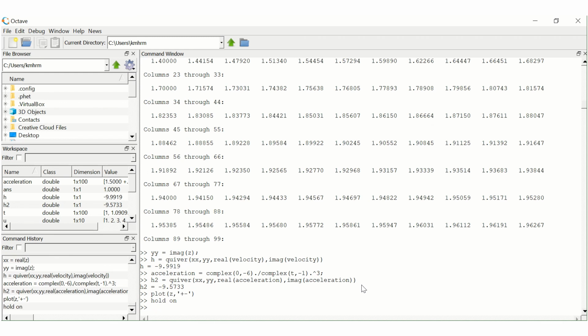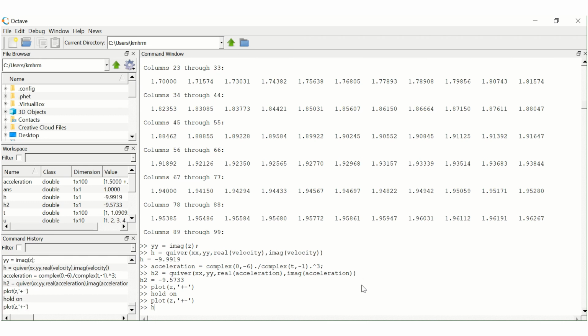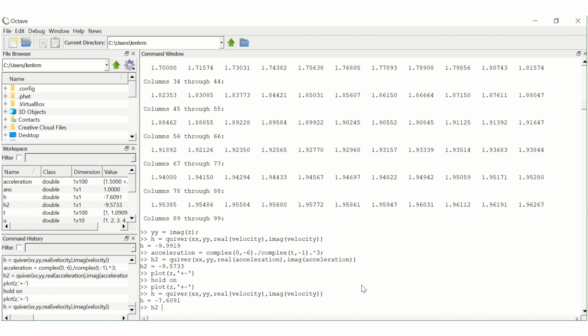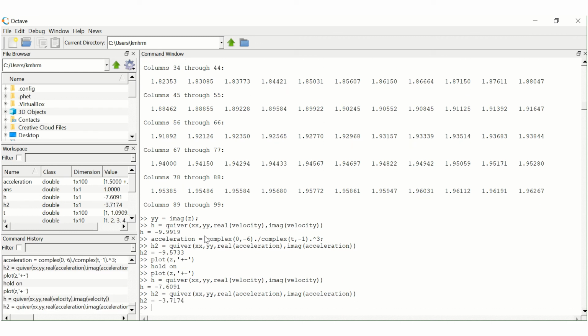That is, if we want to make sure that the previous plots are retained and not overwritten when you plot a new graph. So let's plot again. Plot z, the velocity, and the acceleration. Let's see the resulting graphs.